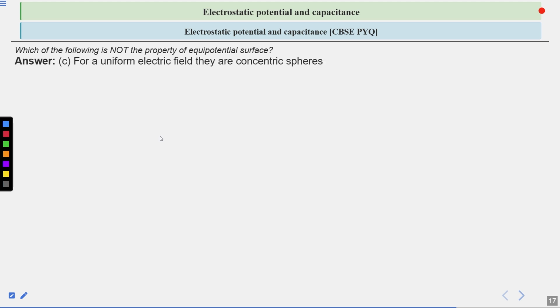So the correct option is C. So for a uniform electric field, they are concentric spheres is not the property of equipotential surfaces. We know that for a uniform electric field, equipotential surfaces are of parallel planes perpendicular to the direction of electric field.